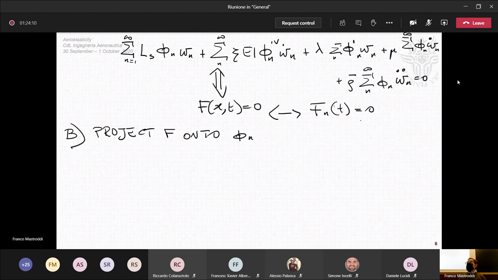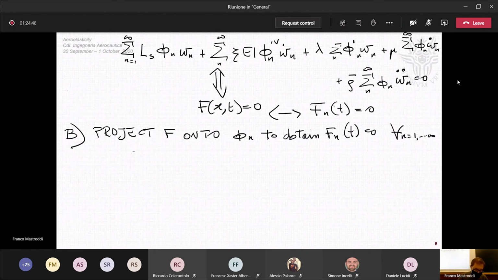Because of the independency and orthogonality of phi, which allow us to represent the solution and to represent the equation, we have two things to do by the eigenfunction. Okay? So project f onto phi n in order to obtain Fn equal to 0 for each n from 1 to infinity.